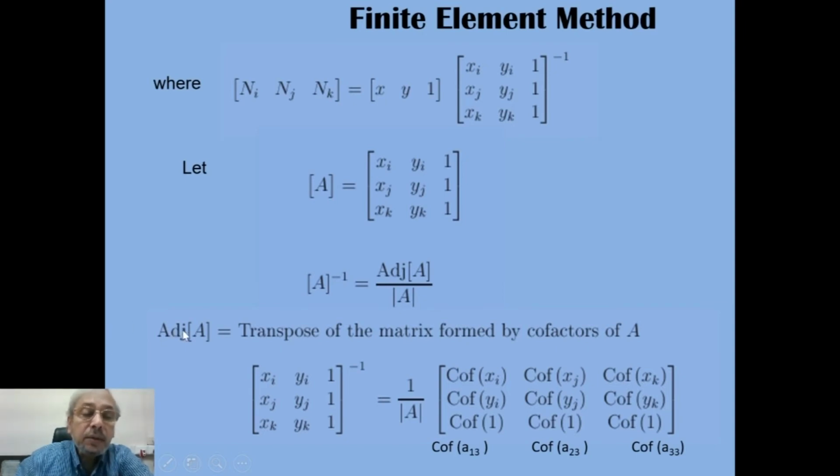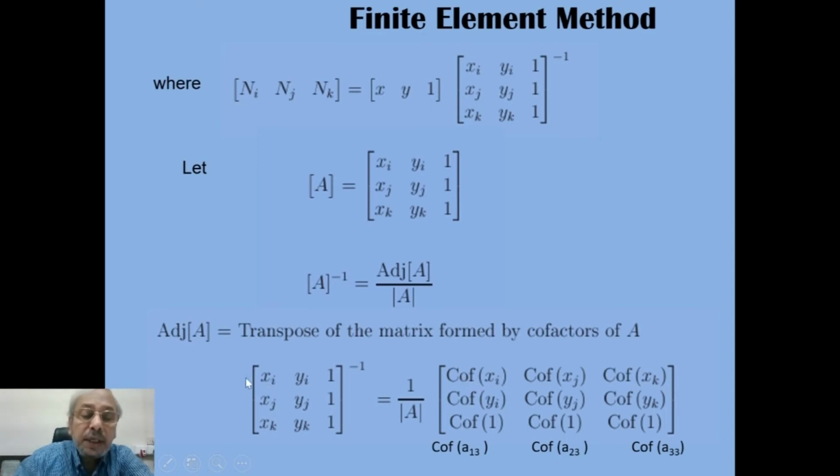And the adjoint of matrix A can be written as the transpose of the matrix formed by the cofactors of the elements of A. So we have to divide the adjoint by the determinant of A. And the adjoint of A is basically the transpose of the cofactors.